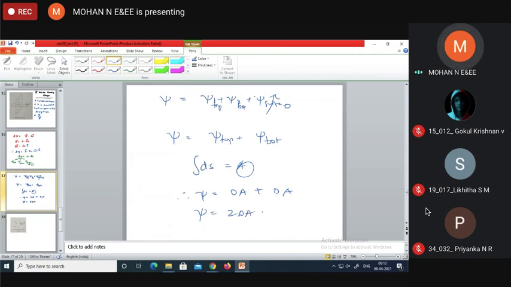So totally there will be 2 times D A. This is the total flux leaving the top surface and bottom surface.